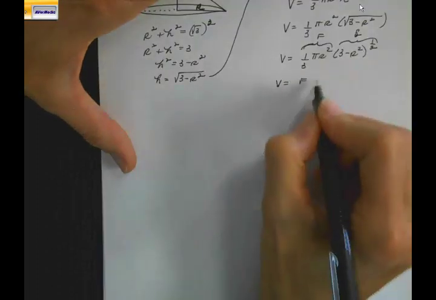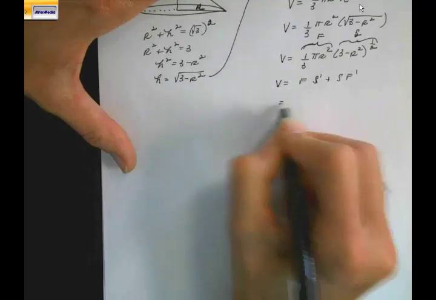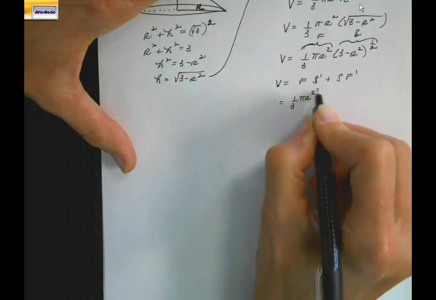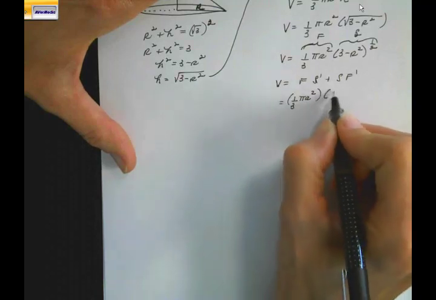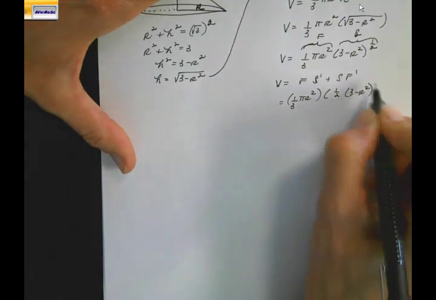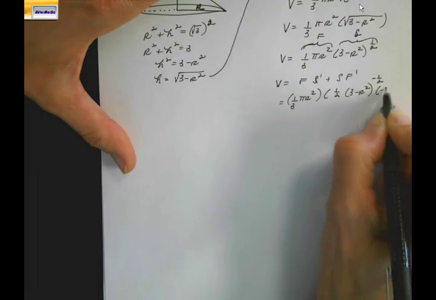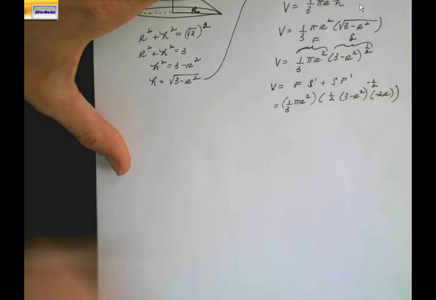The first times the derivative of the second plus the second times the derivative of the first: 1/3 pi r squared is the first, and the derivative of the second is the chain rule: 1/2 times 3 minus r squared to the 1/2 minus 1 times a negative 2r.